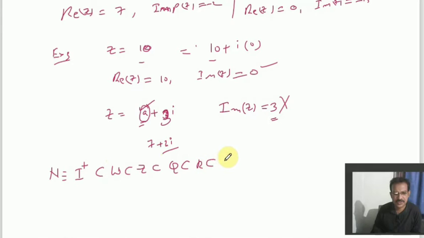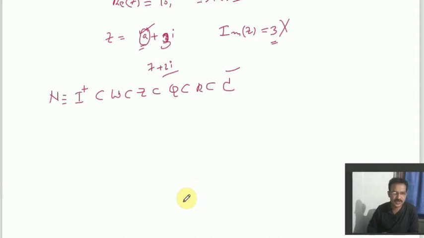Now real numbers is a subset of complex numbers. So this is the big set of all the existing sets. So whenever you take any natural number, it can be a complex number. A complex number can be a real number, a rational number, an integer. So any real number can be written as a complex number.